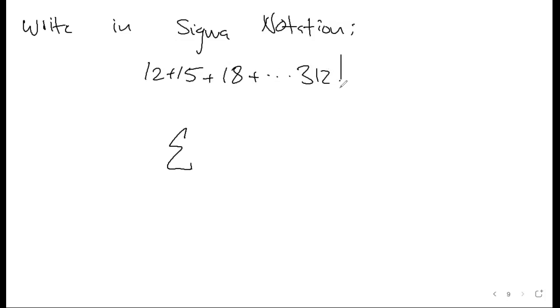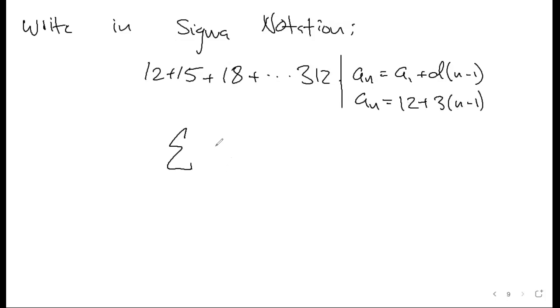And so that tells me that a sub n is, my a sub 1 is 12, well, here, I'll just write out the general form. So this is telling me a sub n is 12 plus 3 times n minus 1. So I'm summing over this thing, where my n starts off at 1. This is my first term, my second term, my third term.